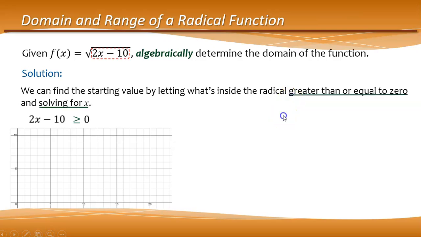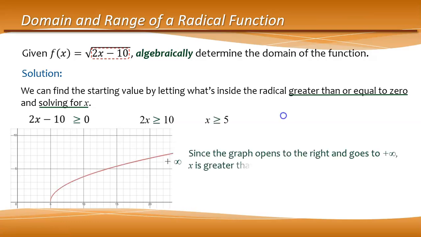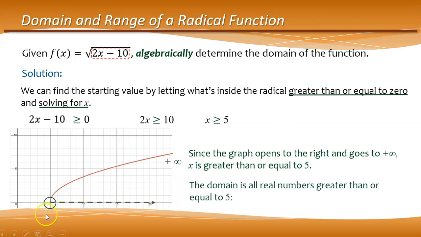So 2x is greater than or equal to 10, x is greater than or equal to 5. That will be my domain, and my range, all the possible values in the output, would be y from 0 to positive infinity.